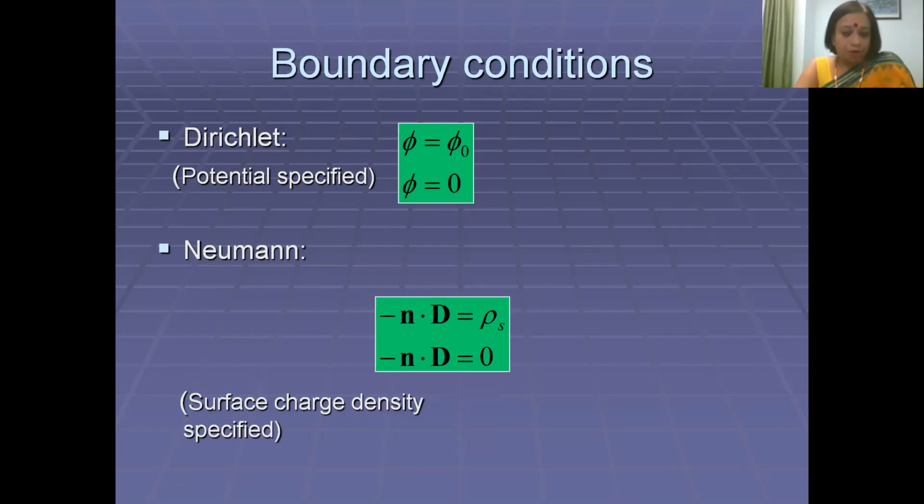Additionally, you can have Neumann boundary condition where you have the flux density specified, that is the rate of change of the potential. Ordinarily, we would have n dot D is equal to 0, but if there is surface charge at a boundary, then n dot D is equal to rho s, and the surface charge density would be an input condition to your problem. It has to be specified.